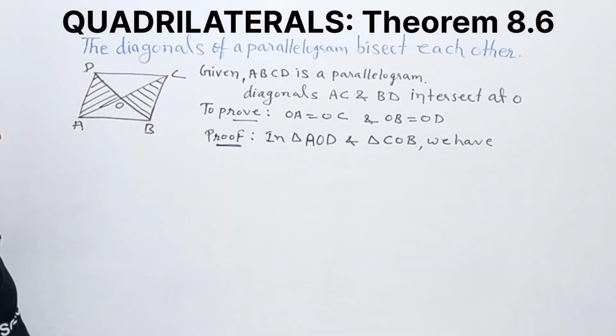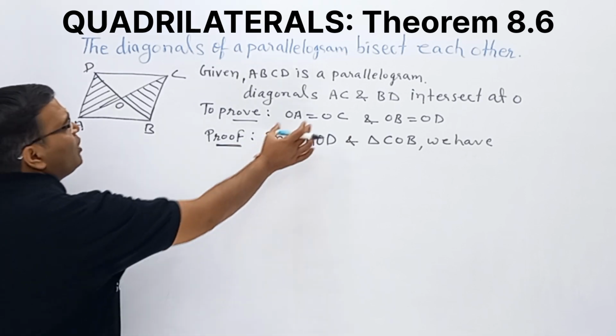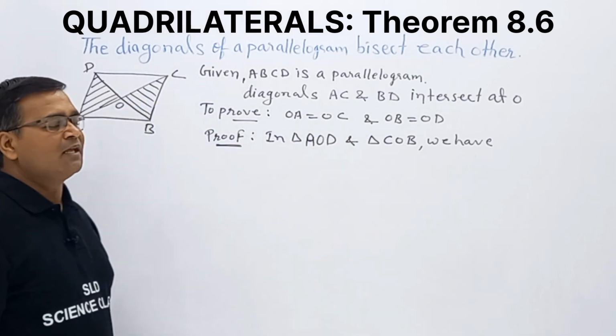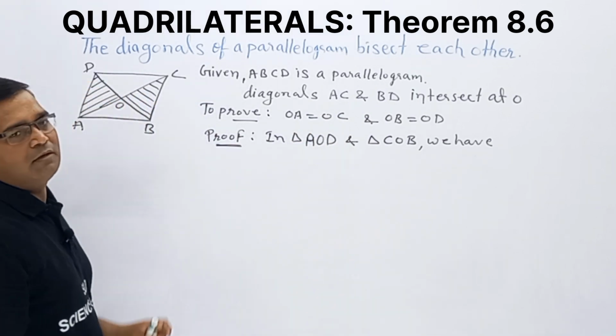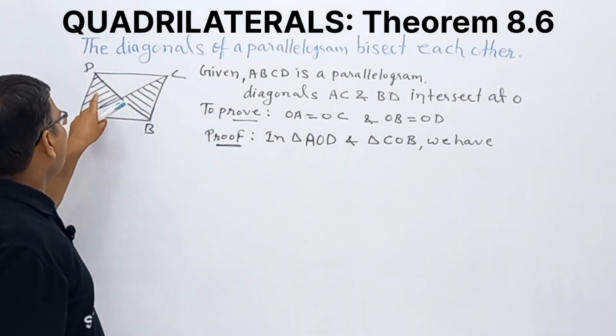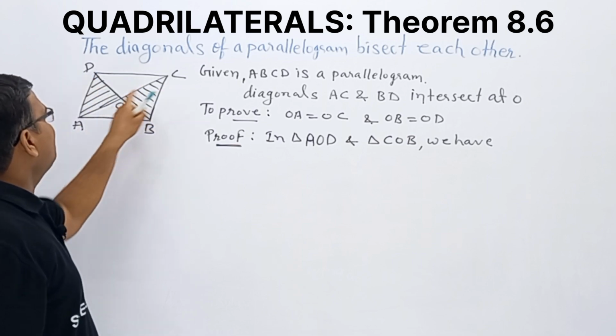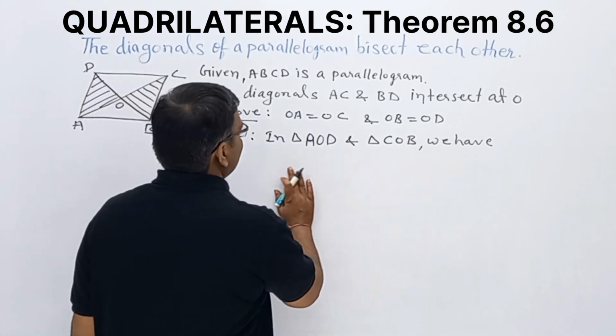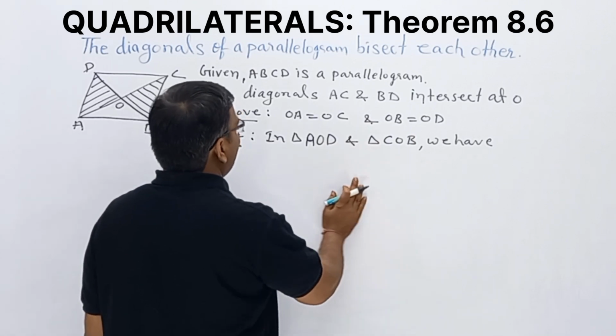In these two triangles we want to prove congruence. We require OA equal to OC and OB equal to OD. We want to prove whether these are equal or not.